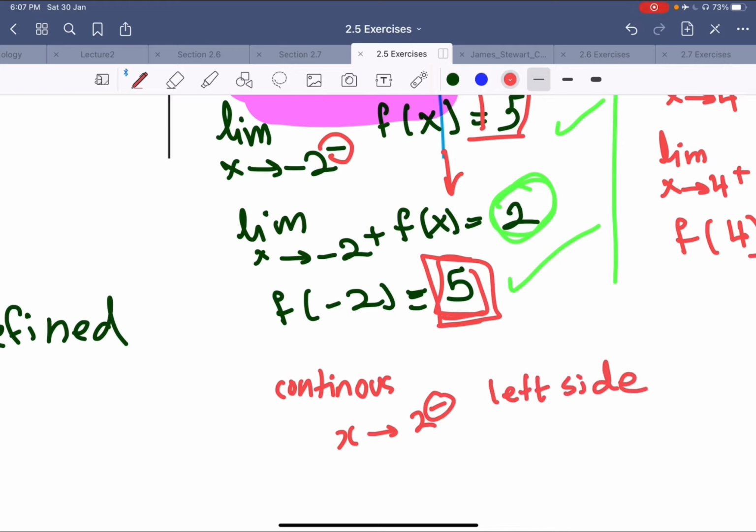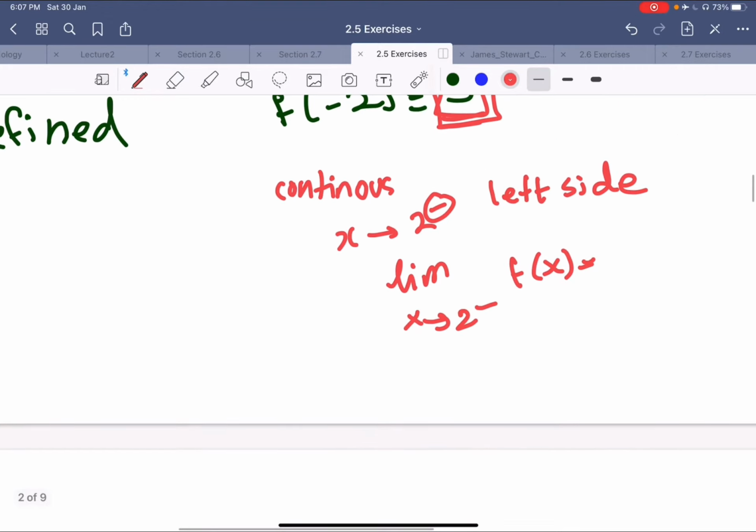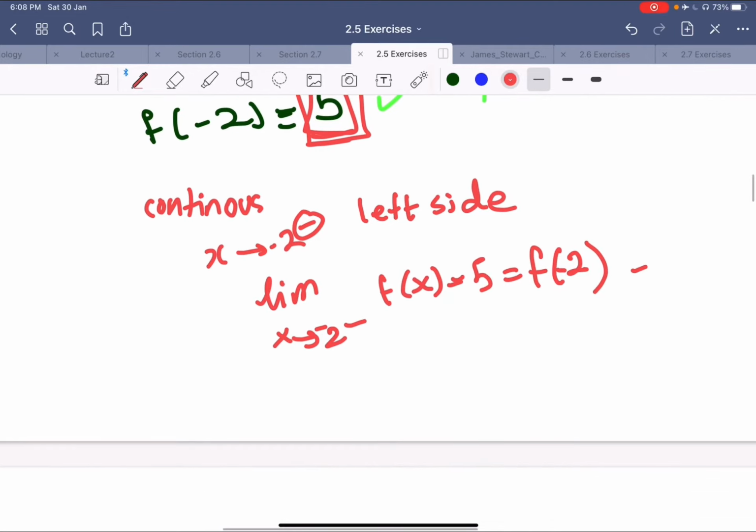Why? Because the limit when x approaches negative 2 from the left for f of x equals 5, which equals f of negative 2, which is also 5.